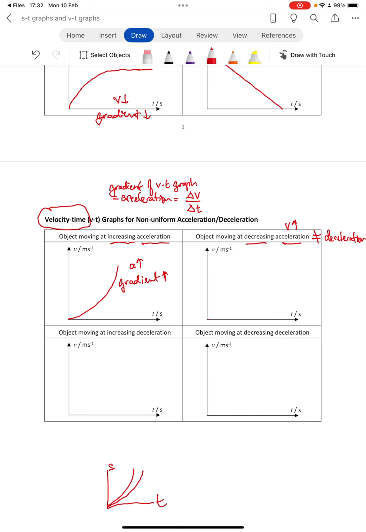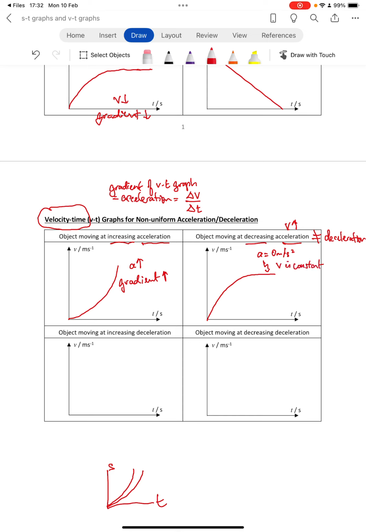So decreasing gradient, how does it look like? It looks like this, right? So at the end, over here, the velocity becomes constant because acceleration is zero. So eventually it will reach a point where acceleration has decreased until it is zero and the velocity is constant.